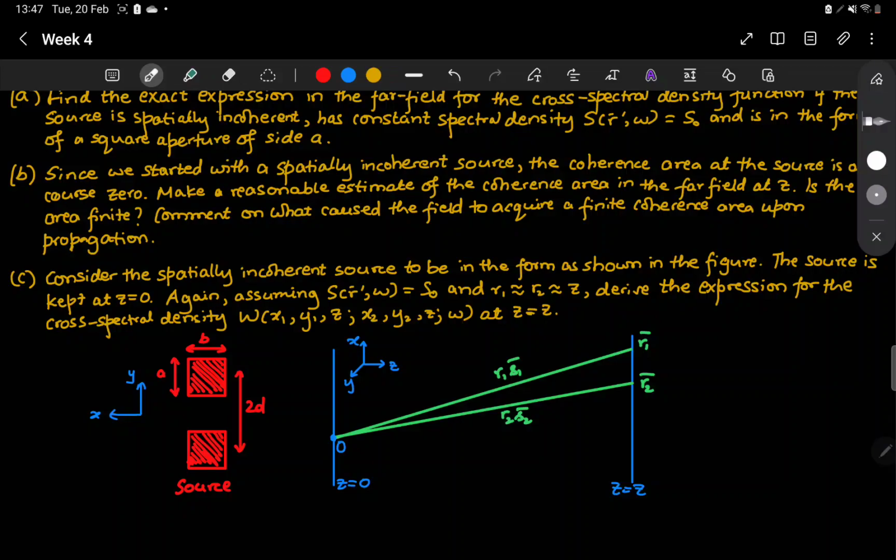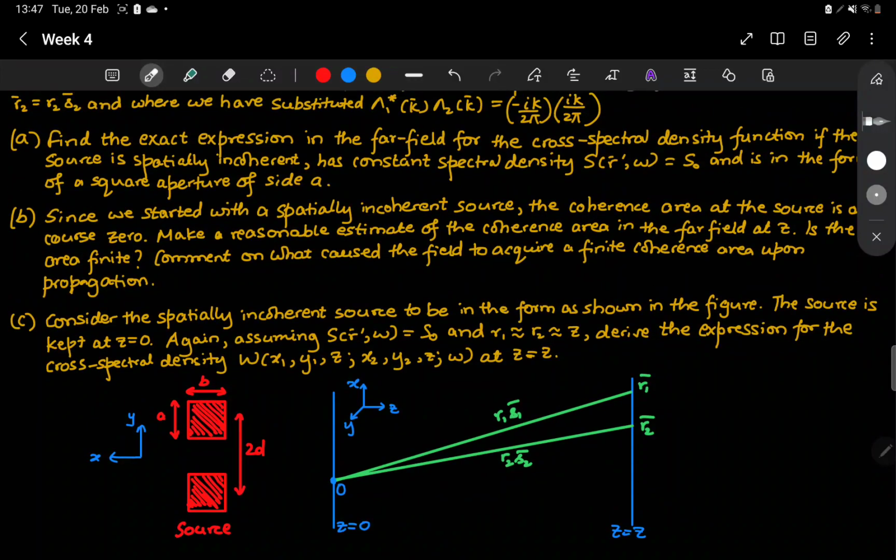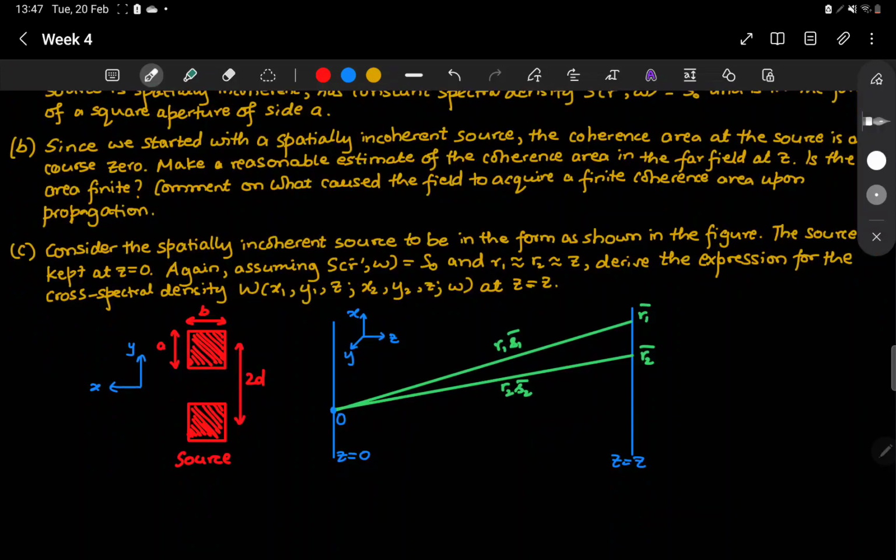Part C. Consider the spatially incoherent source to be in the form as shown in the figure. The source is kept at 0 and assume that the spectral density is a constant, and then derive the expression for the cross-spectral density W at a given value of Z. So the shape of the source is given as follows.